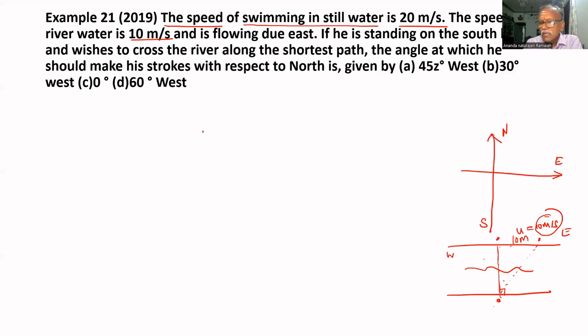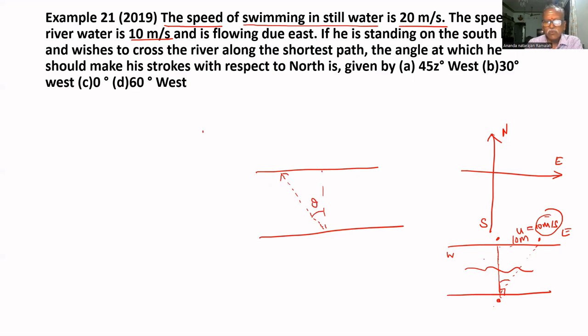So, at what angle? Instead of swimming directly perpendicular to this flow, he can try this way. If he tries to move this way, this angle we have to select.